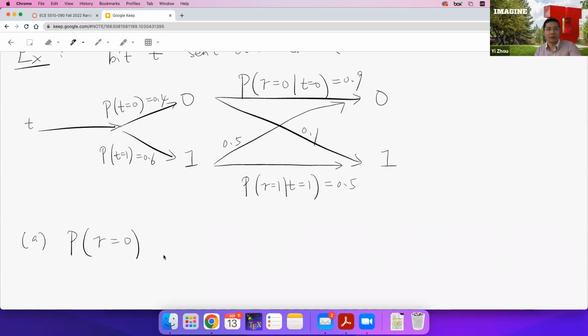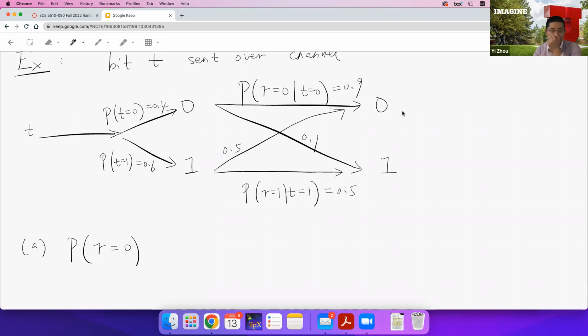From this diagram, there are 2 cases in which we can receive a 0. Either we send out a 0 and receive a 0, or we send out a 1 and somehow receive a 0. These 2 naturally give us a partition.